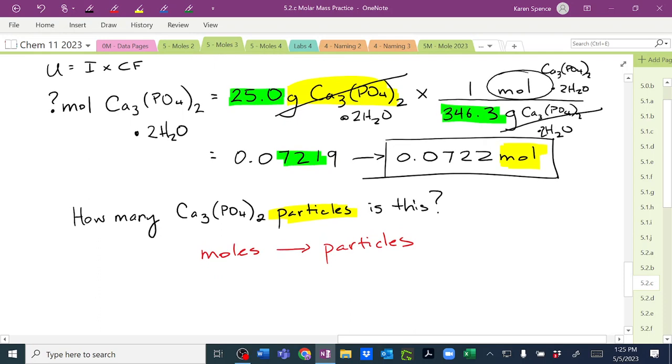What conversion factor gets you from moles to particles? Avogadro's number, yes.